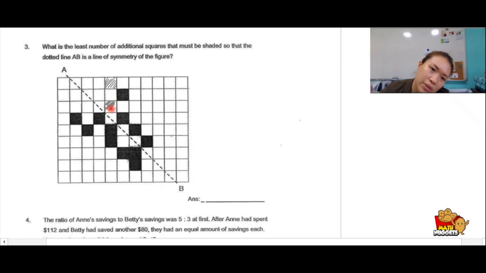This. This. This. This. And this. Okay, so how many squares are there? 1, 2, 3, 4, 5, 6. So the least number of squares, 6.